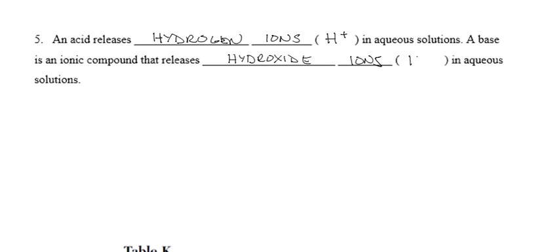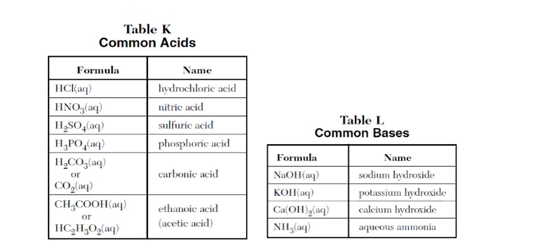Hydroxide ions have the symbol OH-. And we should start to see that if you combine a hydrogen ion and a hydroxide ion, you end up with water. So acids release H pluses and bases release OH minuses.